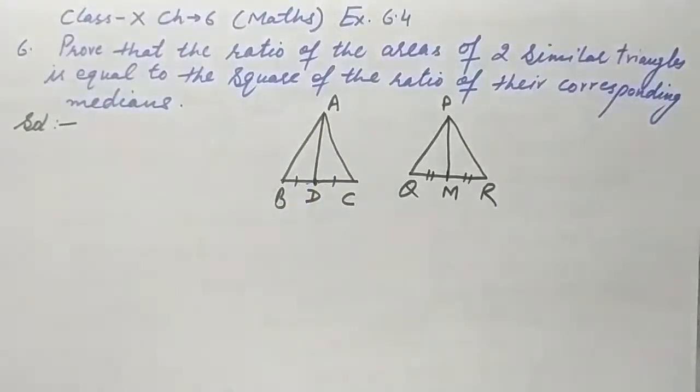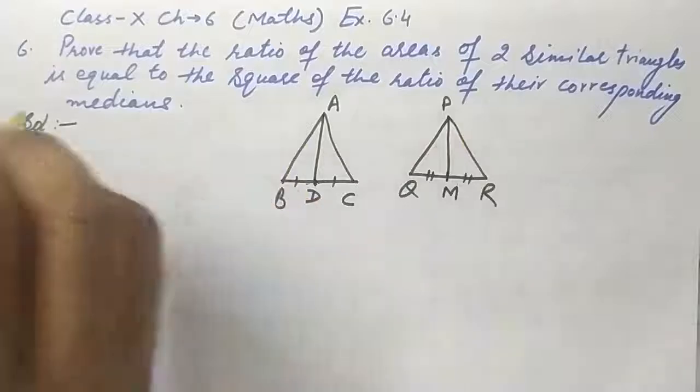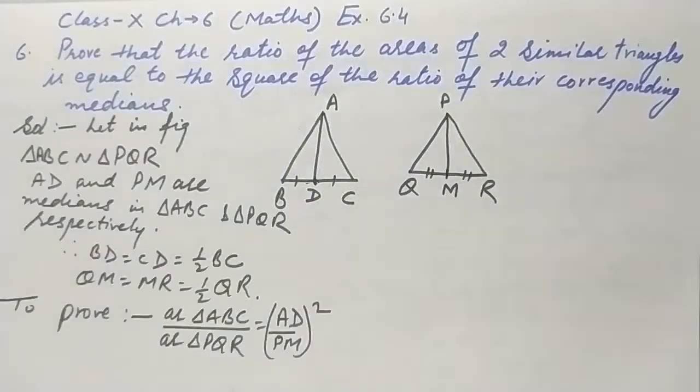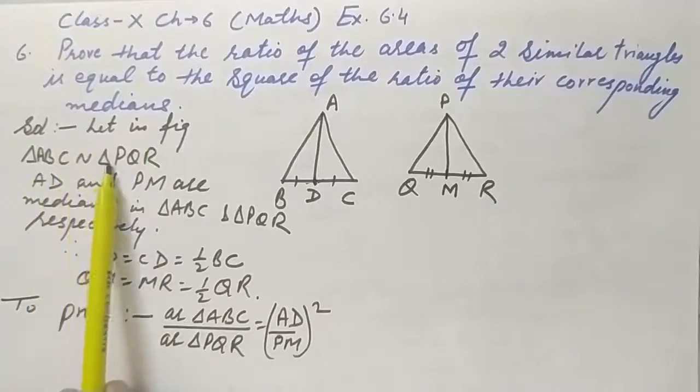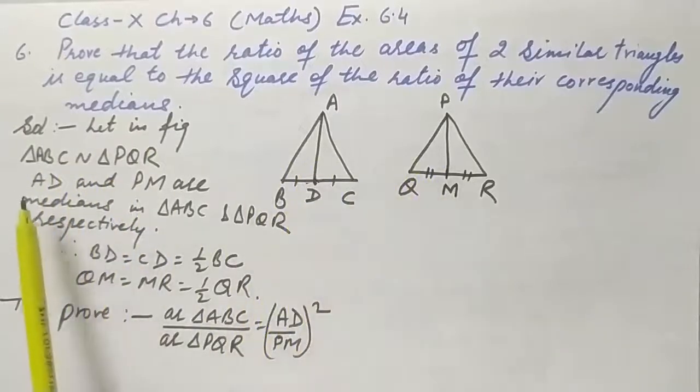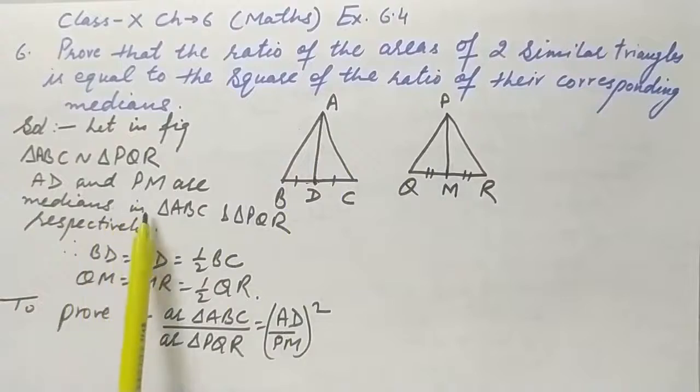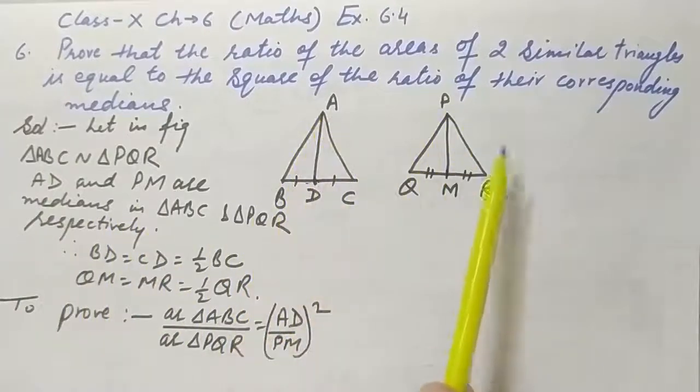Let's write what is given in this question. Let in the figure triangle ABC be similar to triangle PQR. Here AD and PM are medians in triangle ABC and triangle PQR.